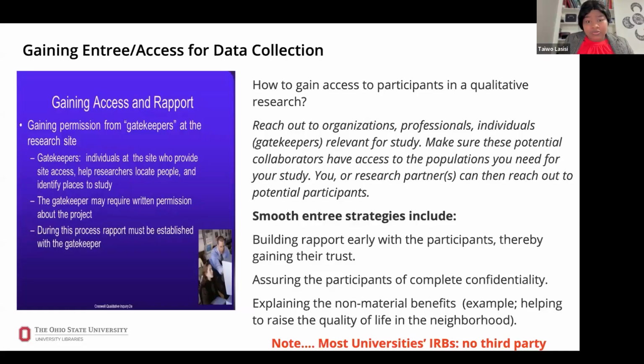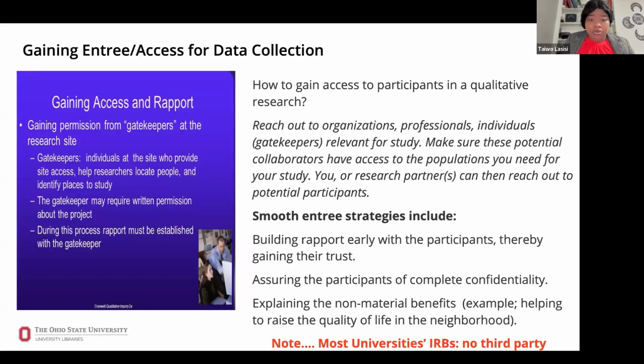There are some people in the community that are usually called gatekeepers. Those are the kind of people that would introduce you to the appropriate participants that would be relevant for your study. So this means that you have to build a collaborative rapport with the community you're trying to explore.